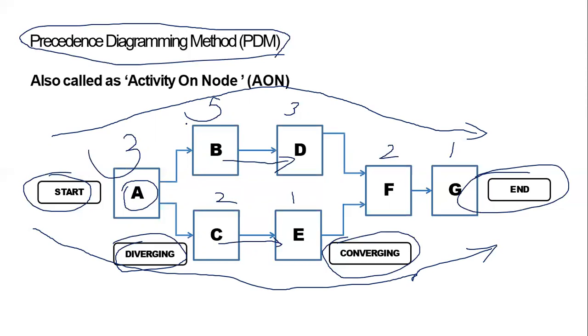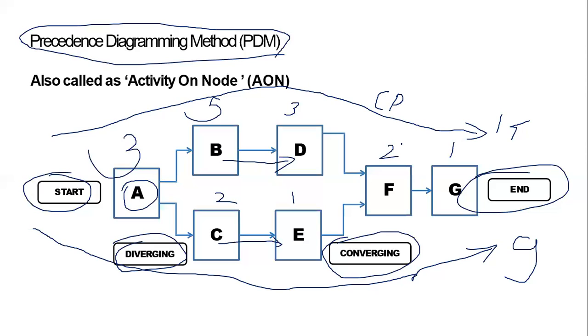So if I'll just put into numbers: 3 and 5, 8, plus 3, 11, plus 2, 13, and 14. So maybe ABDFG is going to take 14 days, and 3, 2, 1, 6, 8, and 1, that's a 9. So what is the critical path? So this is my critical path, and expect these questions. What is the critical path on that?